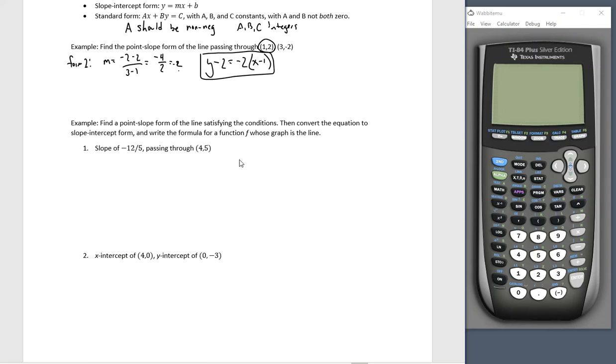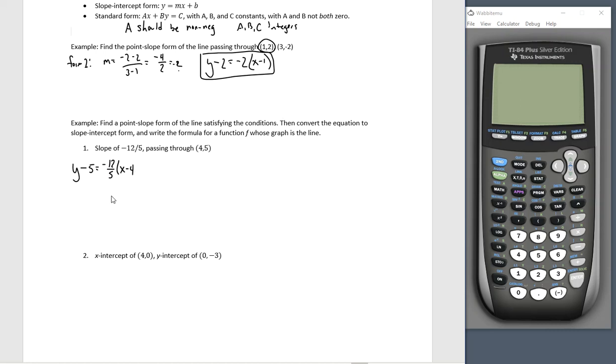So we're going to find a point slope form of the line satisfying the conditions. We have a slope, and we're given a point. Then we're going to convert that equation to slope-intercept form and finally write it as a function. So first step, we'll do y minus 5 equals negative 12/5 times x minus 4.